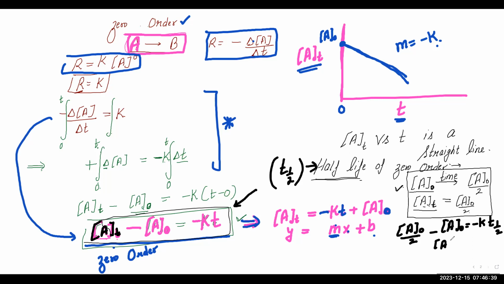Isn't it A naught over 2 minus is minus K T half. So what is T half, children? T half is A naught over 2K, isn't it? There is no space here, so I'm writing here. T half is A naught over 2K.